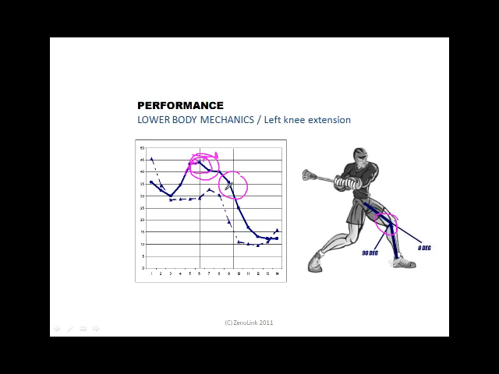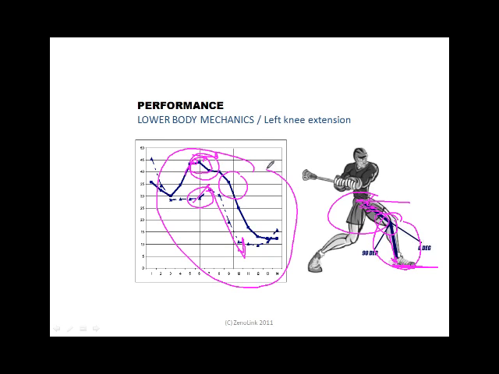The group that shot below 90 came in with a much straighter leg, bent the knee significantly as they came into foot contact, and then extended significantly. So there's a lot of knee movement going on when we need that knee and leg to be stable, translating ground reaction force into the lead hip and the pelvic girdle.